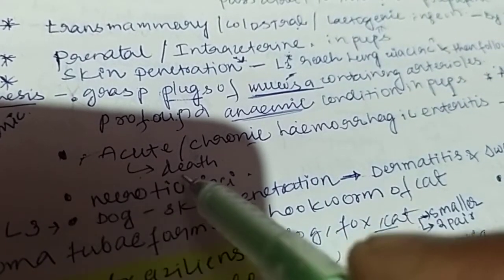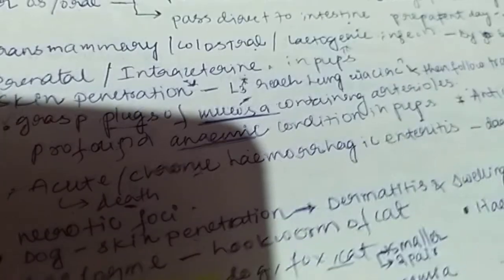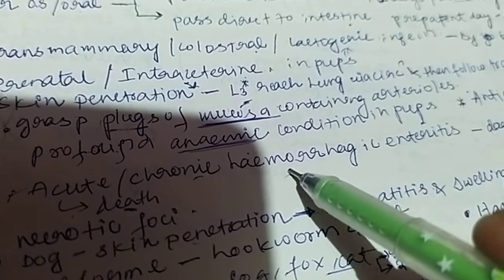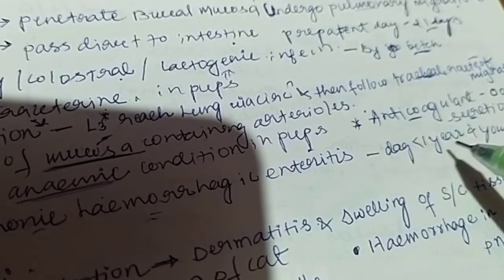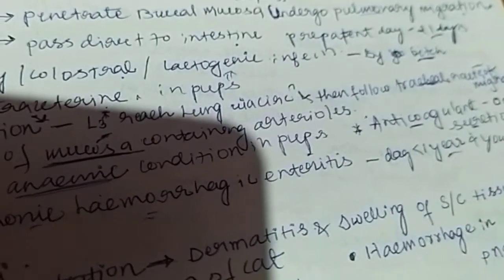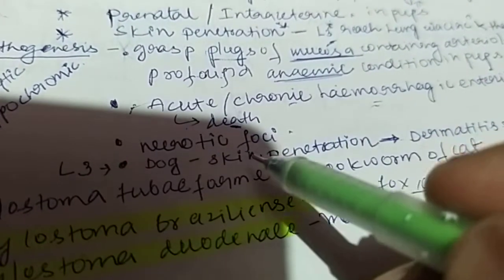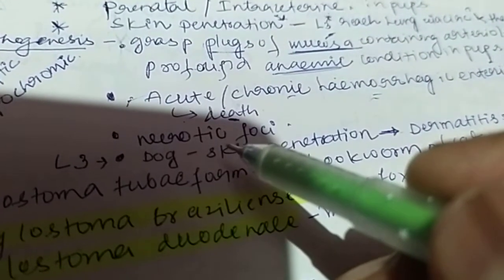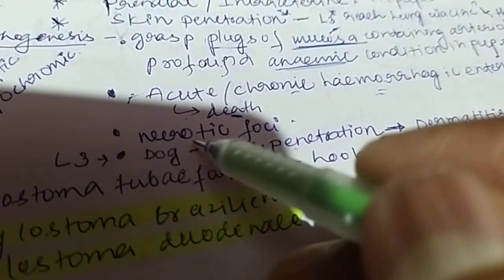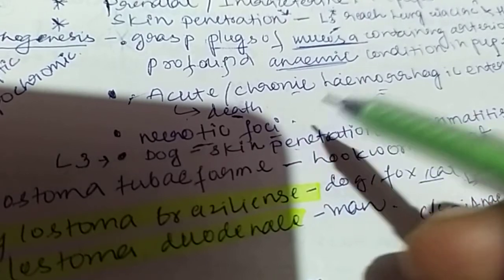In the acute case, there is sudden death of the host, and in the chronic case, there is hemorrhagic enteritis, seen in dogs less than 1 year old and young pups. And whenever penetration occurs, necrotic foci can be noticed.